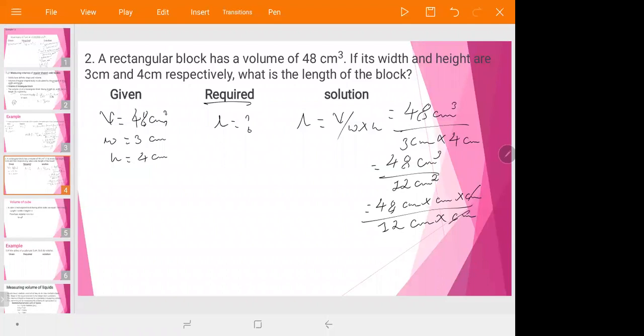One centimeter cancels one centimeter, another cancels another. The remaining one centimeter is left for us. So 48 divided by 12 is 4 centimeter.